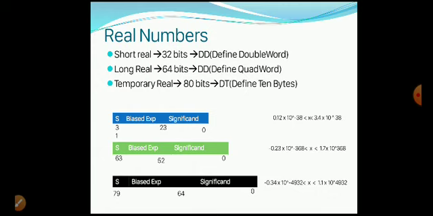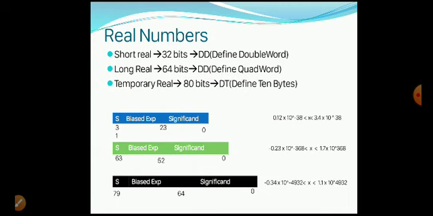The number is minus 0.34 into 10 to the power minus 4932, and the other number might be 1.1 into 10 to the power 4932. So this is the ability of the math coprocessor, the representation or calculation of numbers in this range.